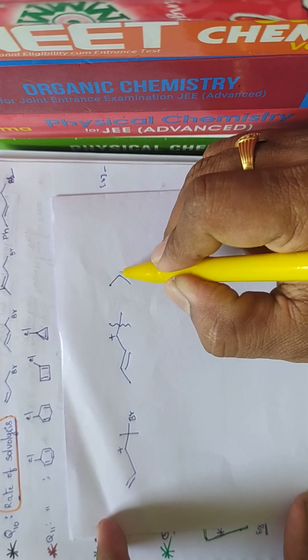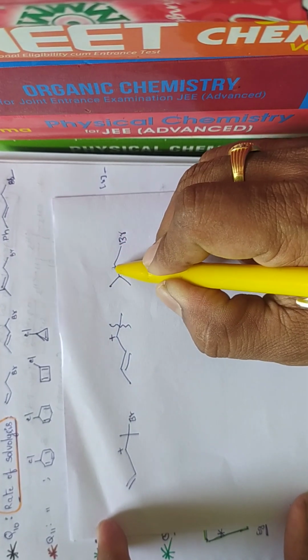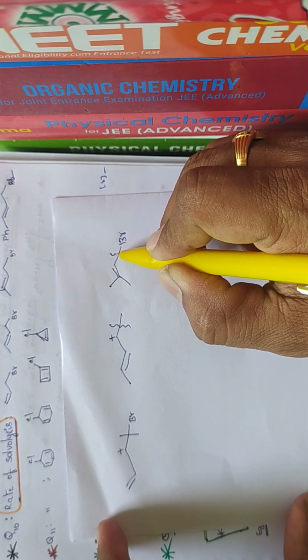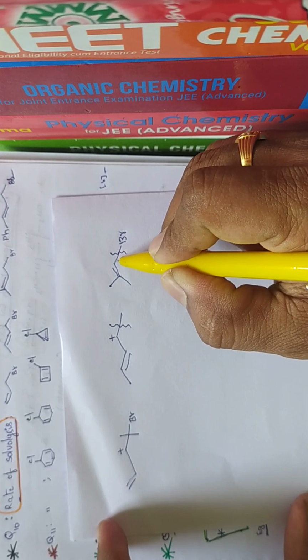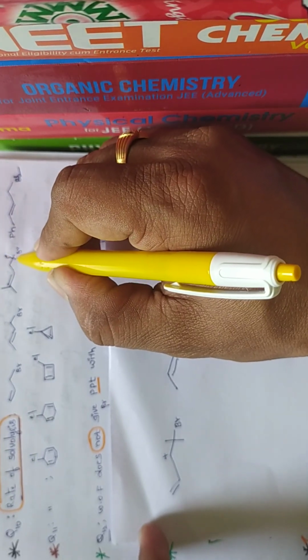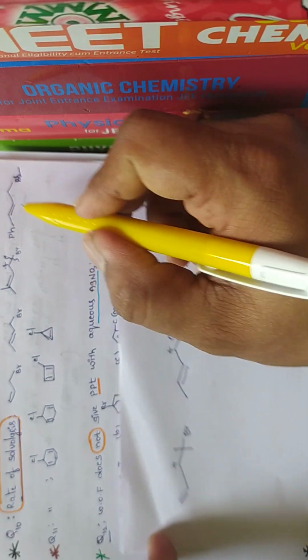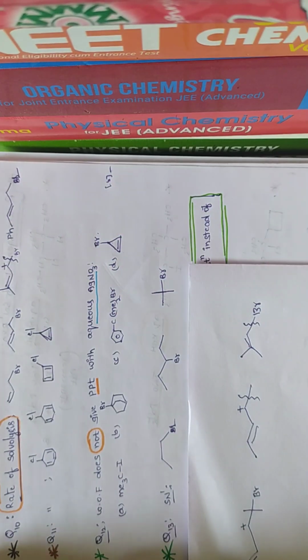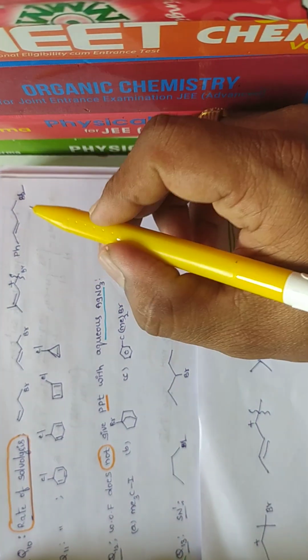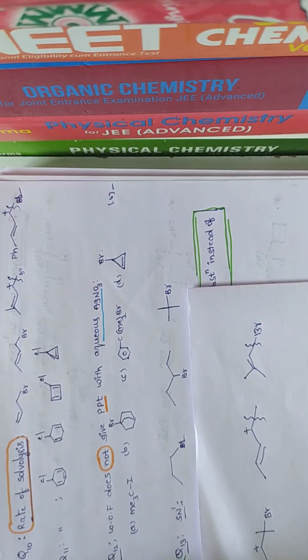Next, you break the carbon halogen bond and arrange the carbocation. Sorry, here one more carbon is present. Here also the carbon halogen bond is broken, giving a carbocation, and likewise in the next ones.